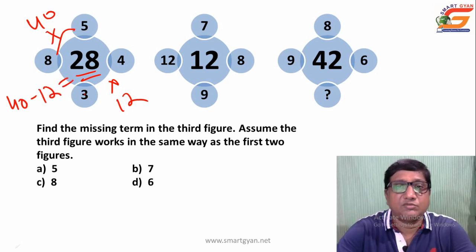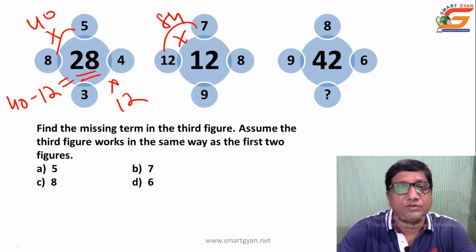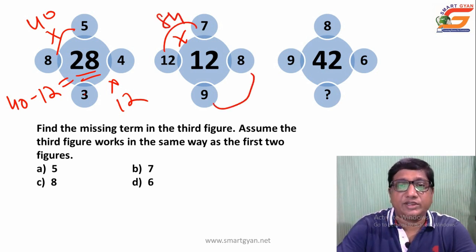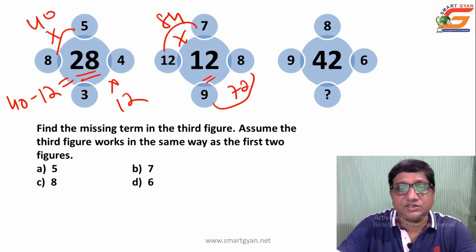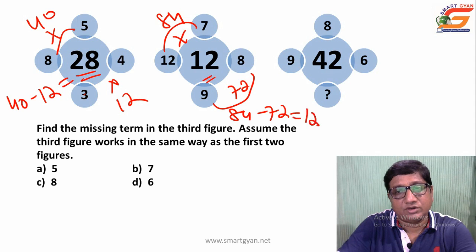Same way, that is 12 into 7, that is 84, then 9 into 8, it is 72. So 84 minus 72, that is 12. Yes, that is 84 minus 72 is equal to 12, second figure.